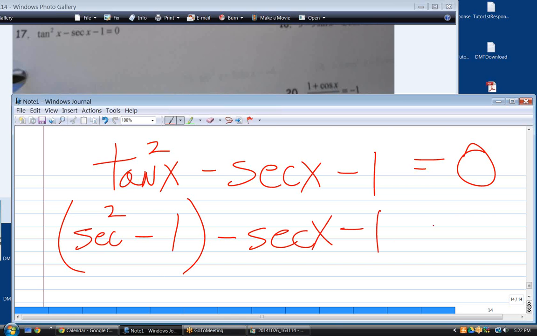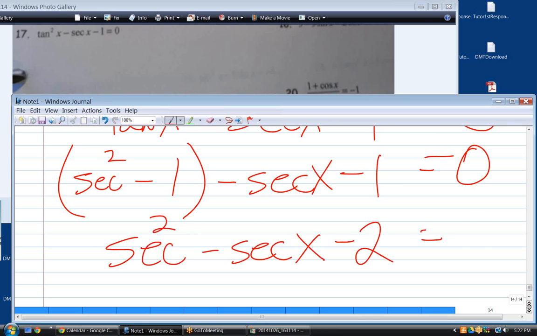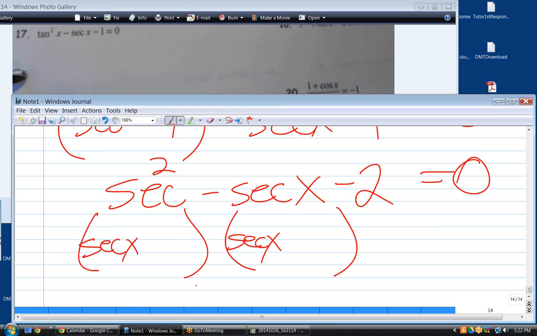Notice that now it is a quadratic in secant x. And we can solve it because of that. How's that factor? Secant, and then signs are going to be different.